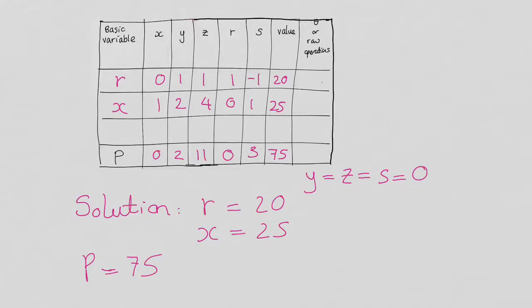And what I can do here is also just prove to you, other than saying there's no negative values here, so it must be the optimum solution. What you can do, if I write down the profit equation, I've got P plus 2Y plus 11Z plus 3S is equal to 75.